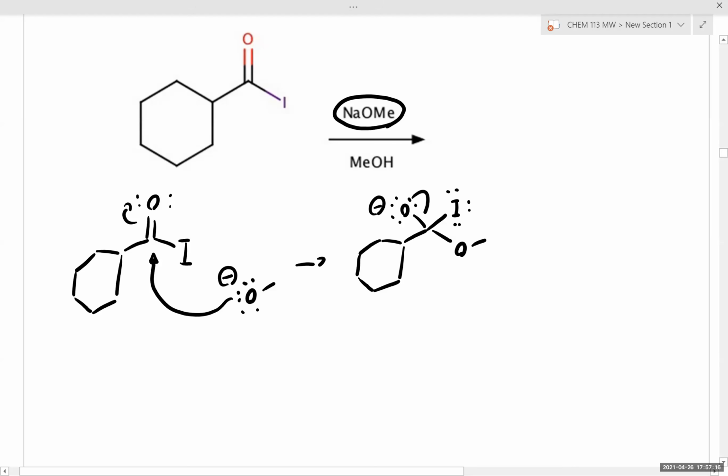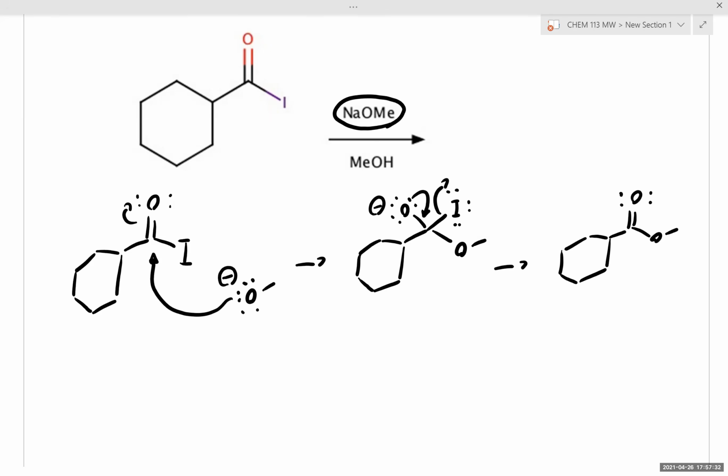And from here, we'll kick down our lone pair and kick out our leaving group to make our desired ester. So as you can see, we've prepared a range of carboxylic acid derivatives from the acyl chloride, bromide, and iodide. Does this make sense to everyone?